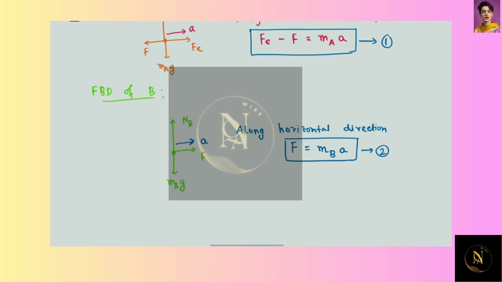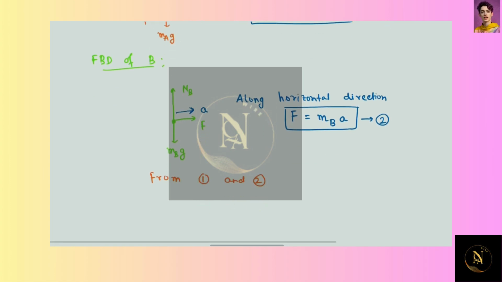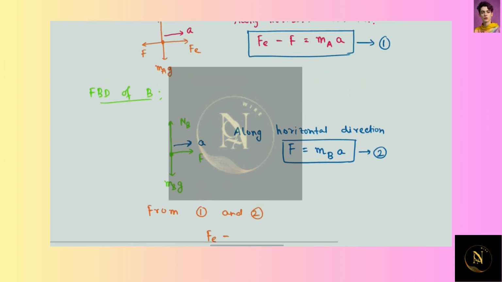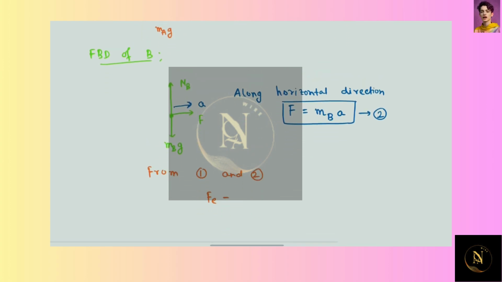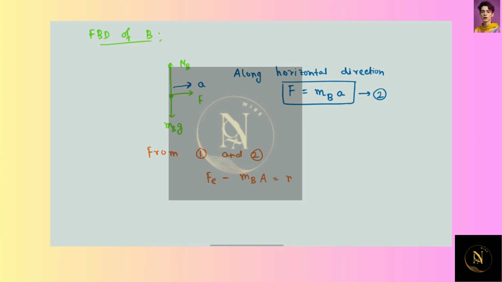Now from equation 1 and 2 I can write: from equation 1, Fe minus F, and in place of F I will write Mb into a, is equal to Ma into a.